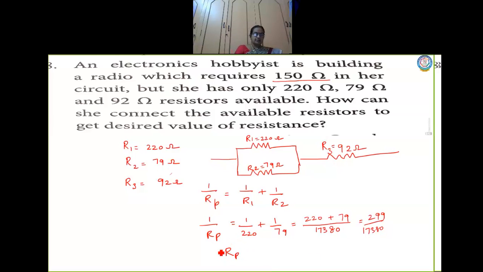So Rp will be the reciprocal of this, which is approximately equal to 58, and this is connected in series with 92.